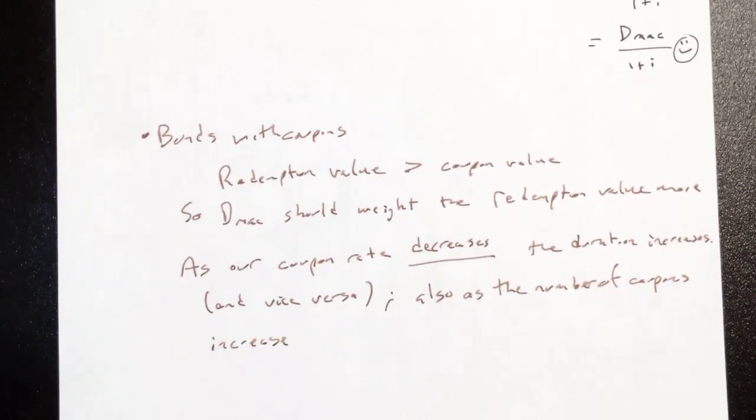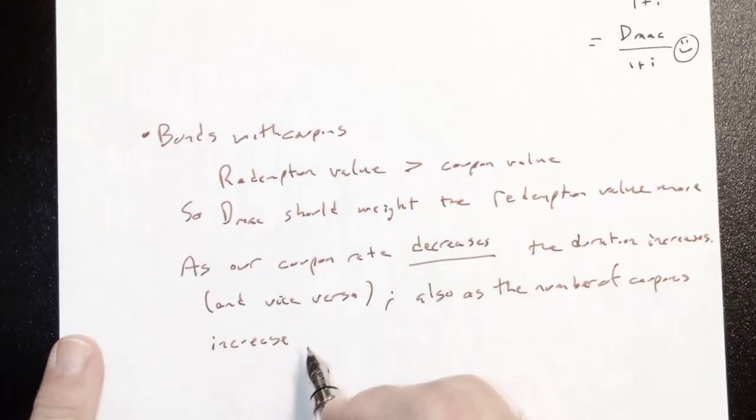If I have more coupons, I'll have more weight further down. But it'll also spread up in towards the redemption value as well.